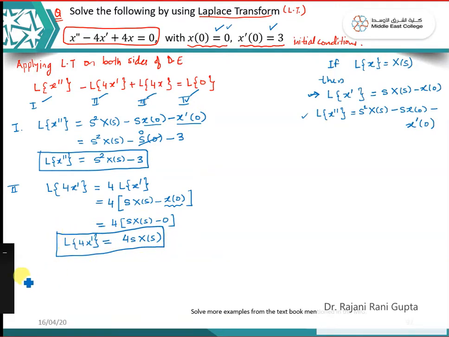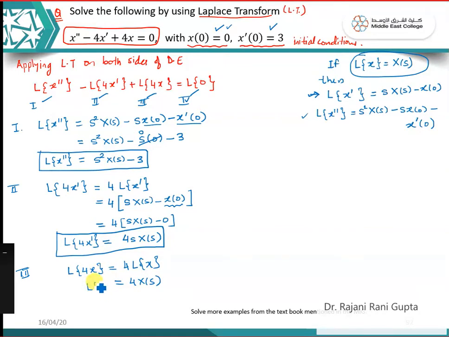Now the third term. It is Laplace of 4x. Again we can take 4 outside as a scalar. Laplace of x. Now here it is without derivative, and without derivative means we have to use this term. So it is nothing but 4 X of s.